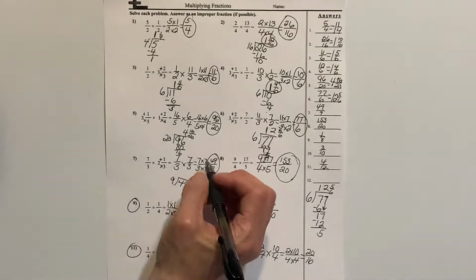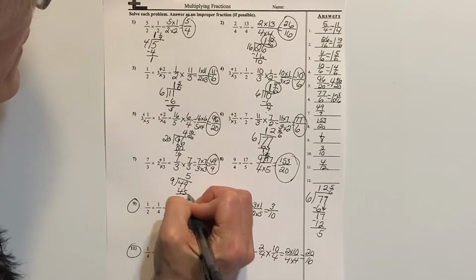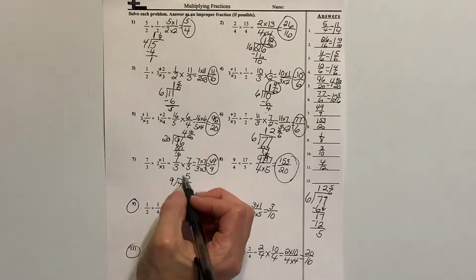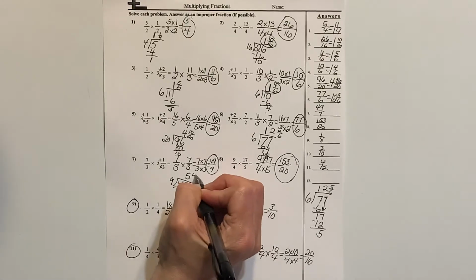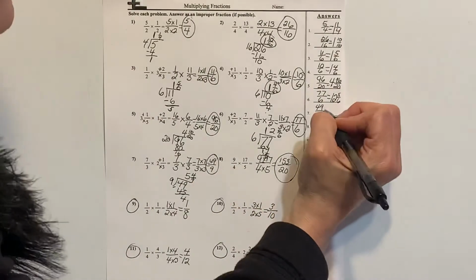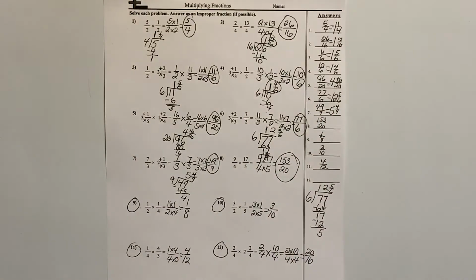So it's 5. 5 times 9 is 45. 49 minus 45 is 4. So then 4 becomes my numerator. 4 ninths. So this is 5 4 ninths.